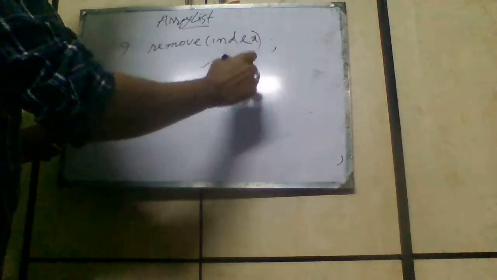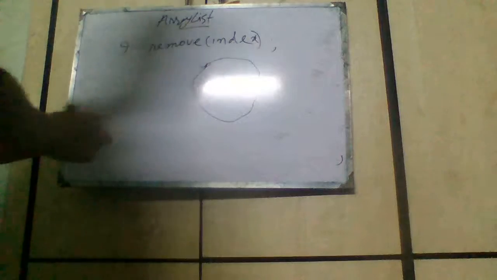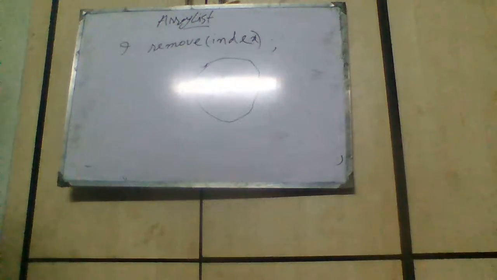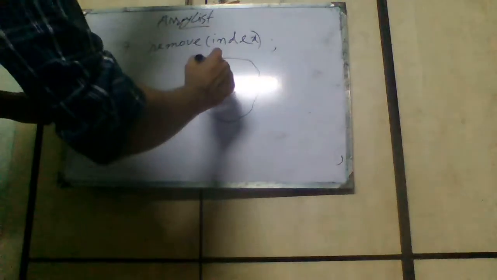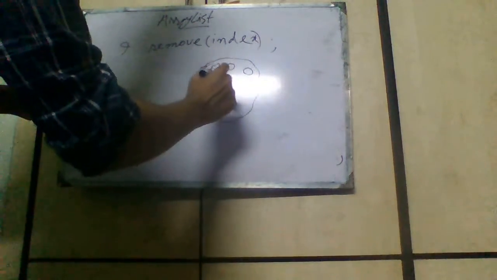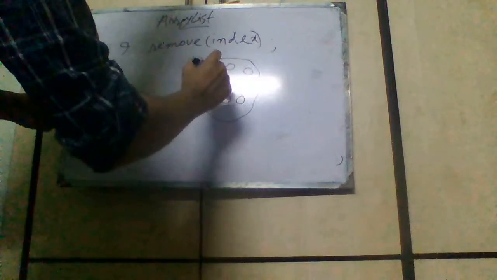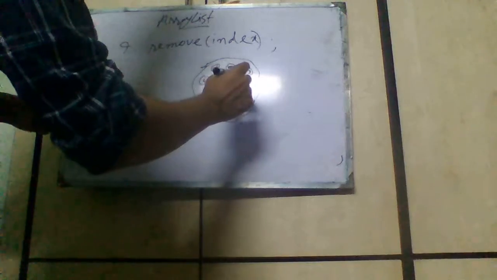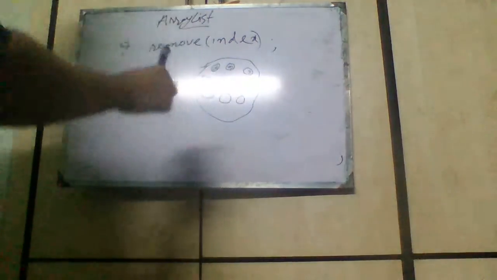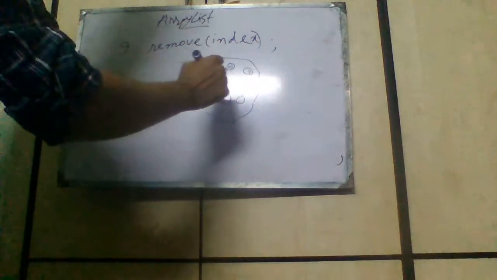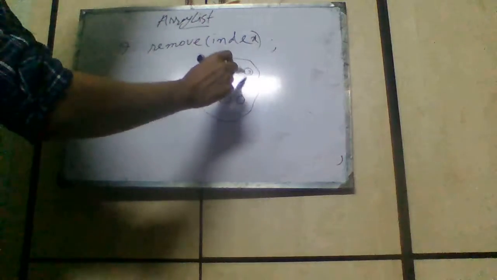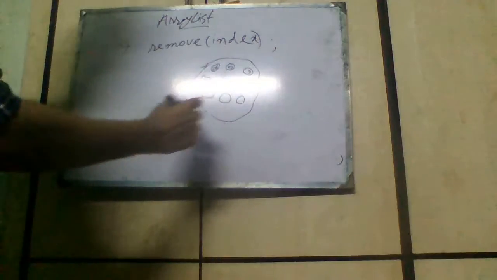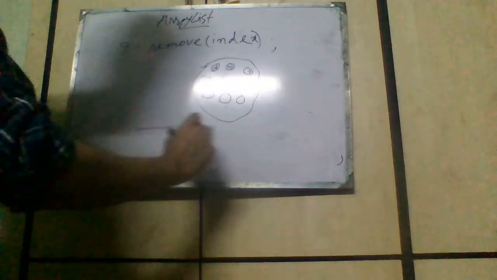In our previous discussion we said collection. What is a collection? Say here object 1, object 2, object 3, object 4, object 5, object 6. Here we are storing individual objects in a single entity.